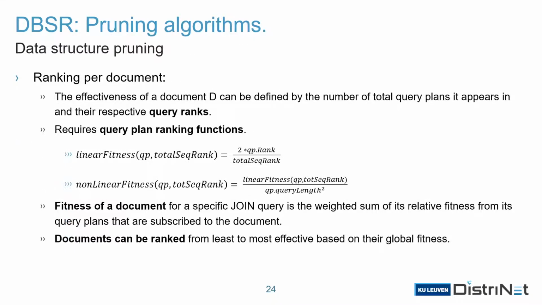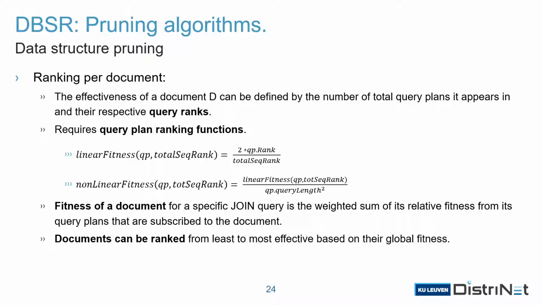Then secondly, we also keep a ranking per document. So we define the effectiveness of a document not by the number of total query plans it appears in, but the quality and the number of query plans it appears in.